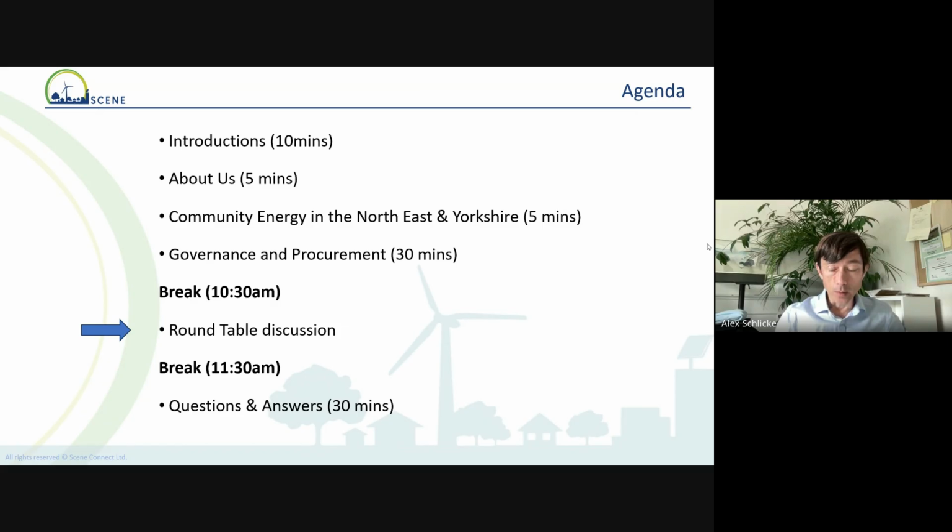So a BENCOM can, for example, simply raise community shares, sell the power to the grid, and then distribute the profit to its members according to its objects and governance. So that's a way of doing it.